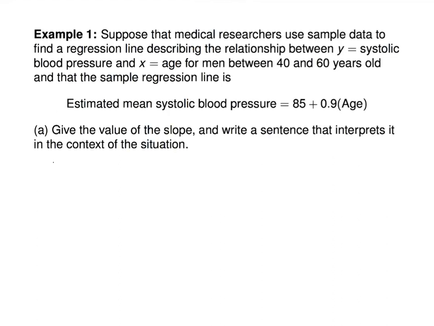So in other words, I'll probably write that instead as y hat equals 85 plus 0.9x, just because it's way easier than writing down the words. Okay, so give the value of the slope and write a sentence that interprets it in the context of the situation. So the slope is 0.9.